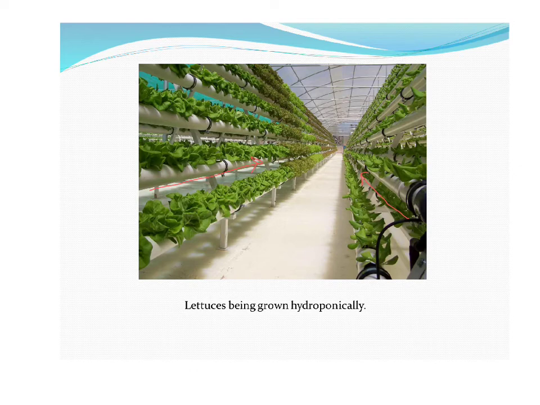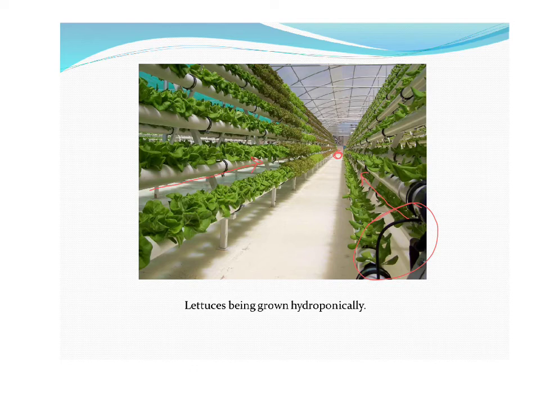The nutrient solution you can see is actually being piped in right here. There's the pipe. So it's being piped in, and it flows down the rows of lettuces, and at this end way over here, whatever is not taken up by the plant roots is pumped out of the pipe. So there's a flow. It's pumped out of the pipe, filtered, and sent back through the rows.